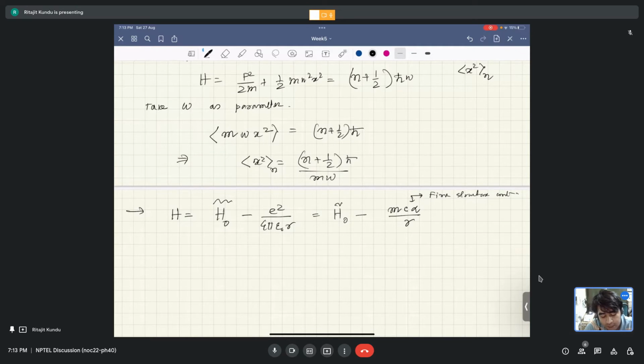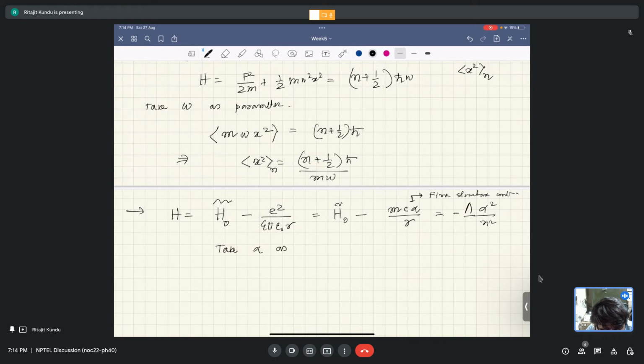If you find the eigenvalues of this whole thing, it will give you something like c squared alpha squared by n squared, and there is probably some m squared here. I think this is the basic form. I'm not sure what the other number is, so I'll just write it as a capital lambda.